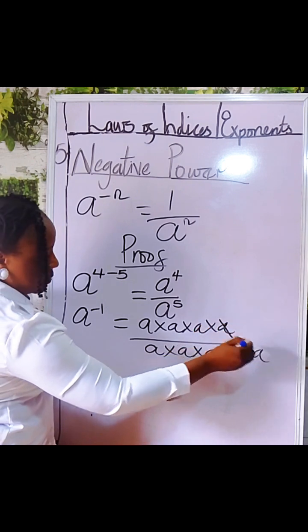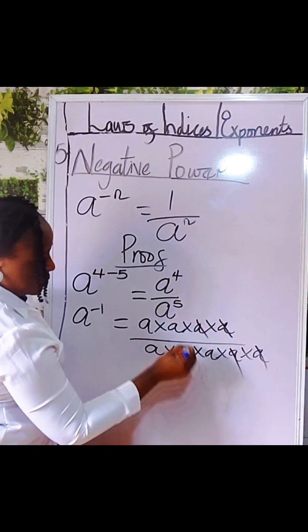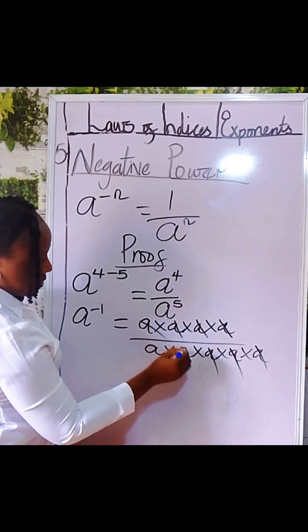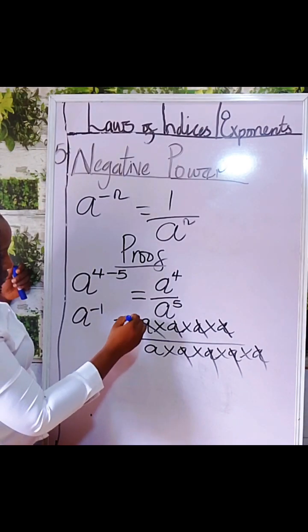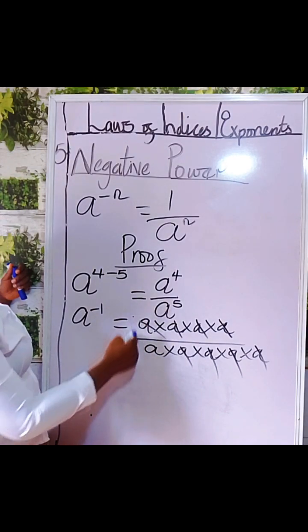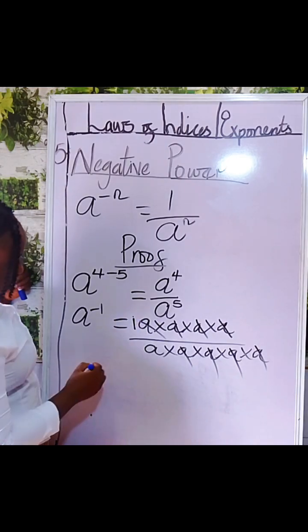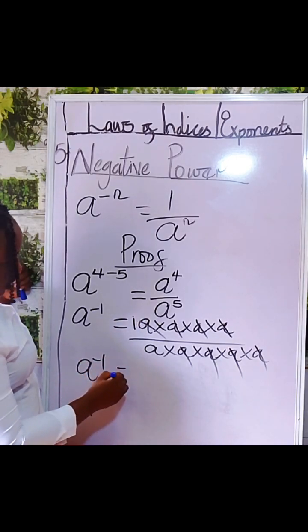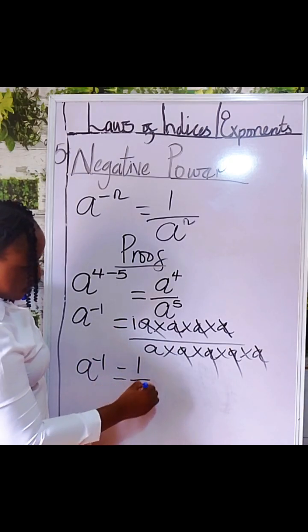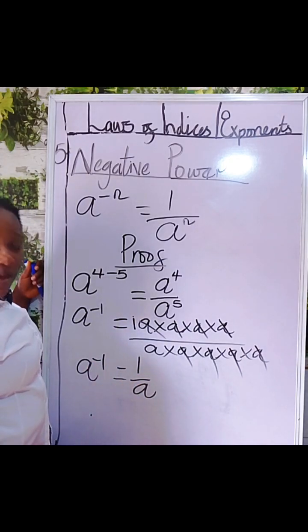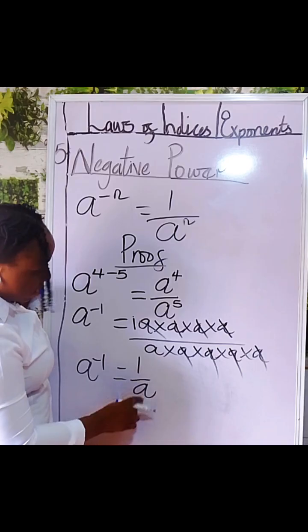So this a will cancel this a. This a will cancel this a. How many a's are remaining? Are you seeing that what is remaining is just 1? When there is no number, it means 1. So this is 1. So a raised to power minus 1 just means 1 over a. Have you seen it? 1 over a.